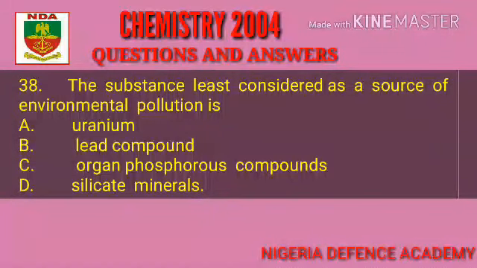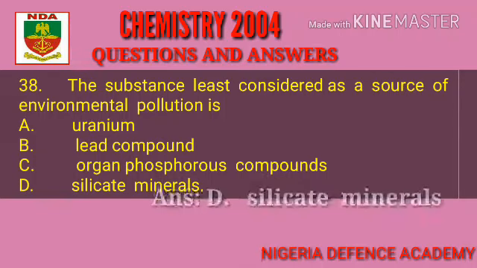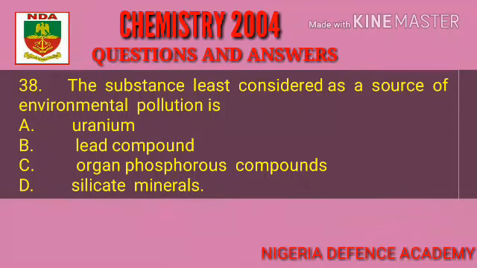Option D, silicon minerals. So which of these options is the best answer? Well, the substance considered as a source of environmental pollution is silicon minerals. That's to say that option D is the right answer.